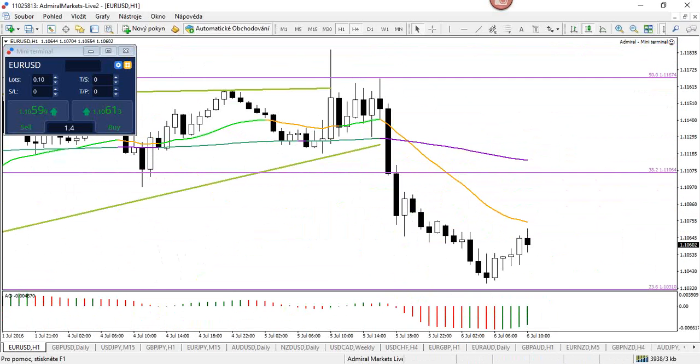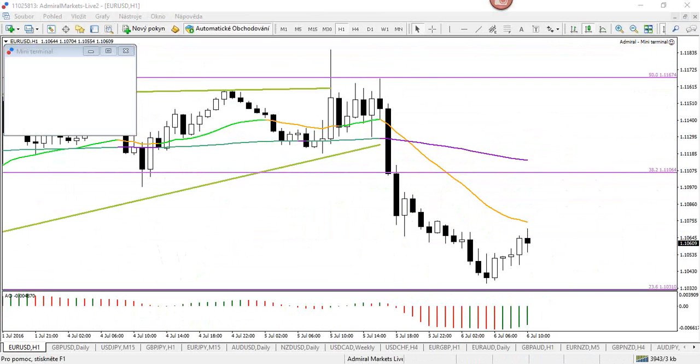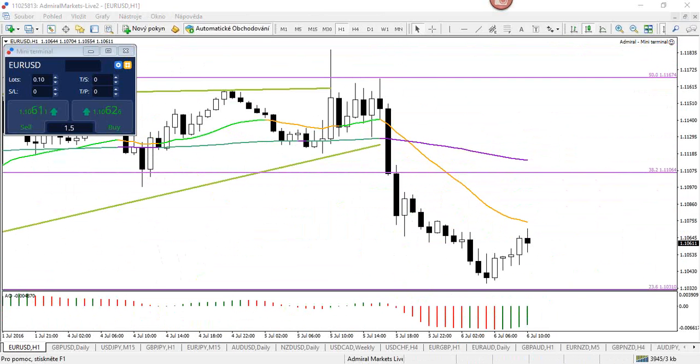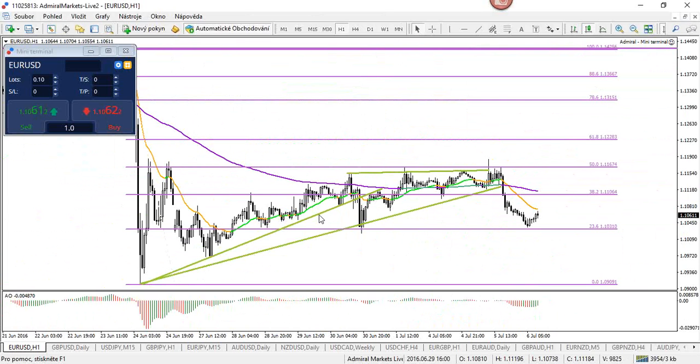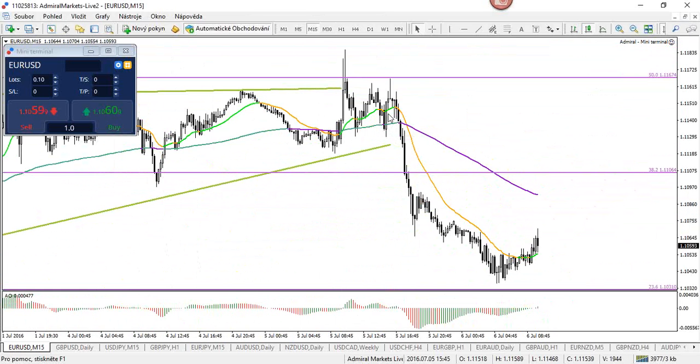So if we zoom into the hourly chart, let's take a look at the 15 even. This could be 5 waves.